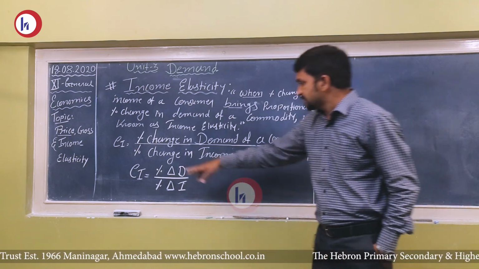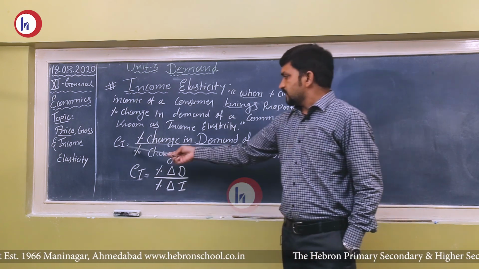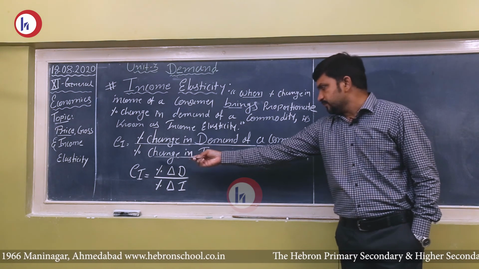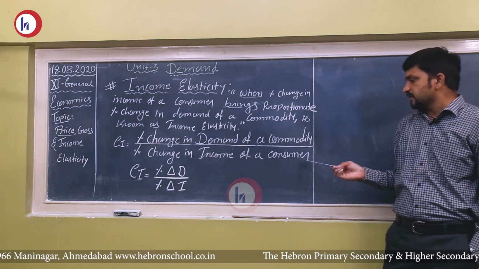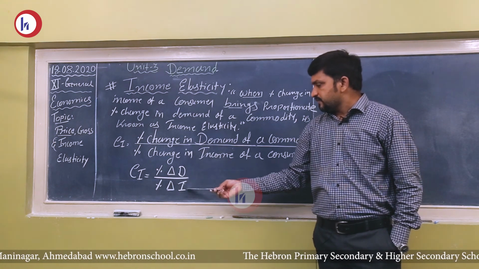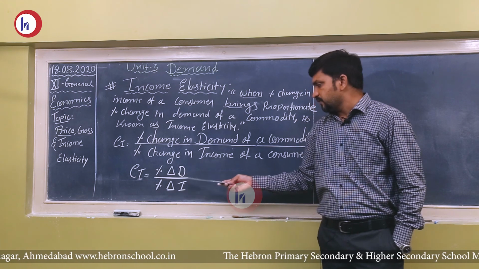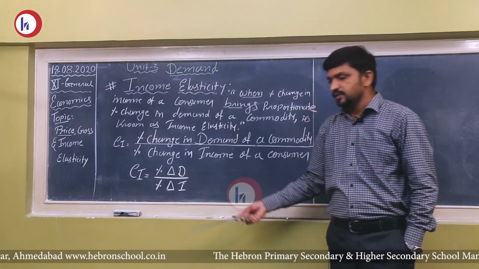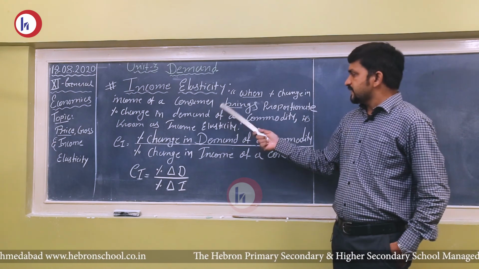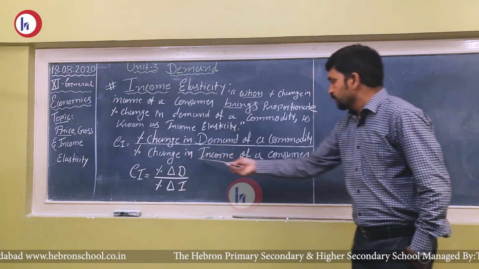So, our formula is income elasticity equals percentage change in demand of a commodity upon percentage change in income of a consumer. Then, the same we can present in a very short way, that is income elasticity equals percentage change in demand of a commodity upon percentage change in income of a consumer. And it can be represented in a descriptive manner like when, then denominator.